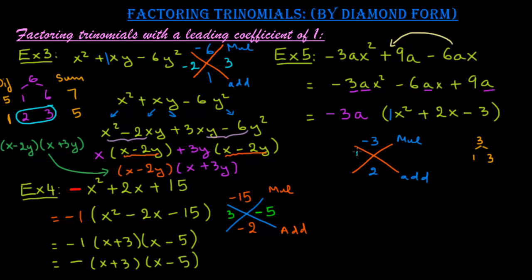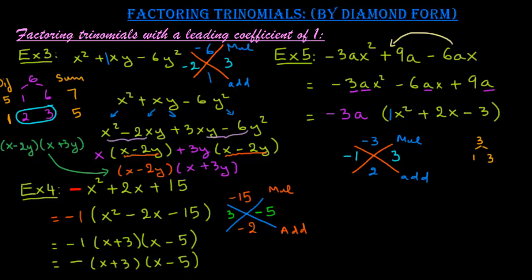So I fill in 1 and 3. To get 2, I need the positive sign on the larger number, which means 1 is negative. Now let's check. Negative 1 plus positive 3 gives me positive 2. Negative 1 times positive 3 gives me negative 3. So this is the pair I'm looking for.